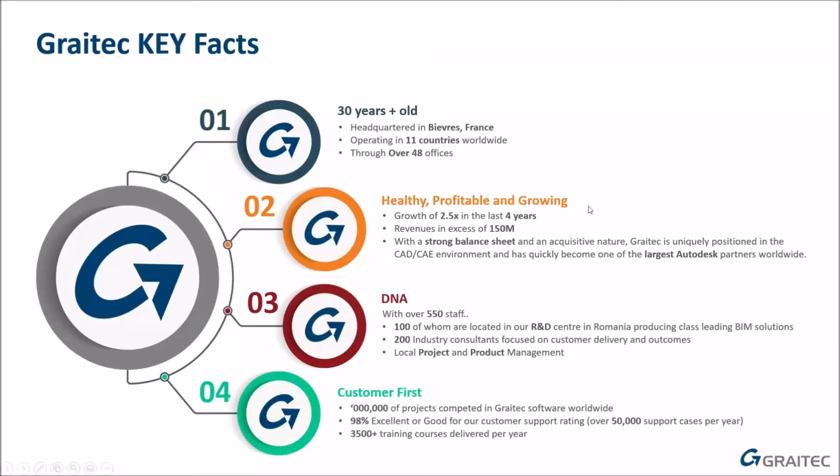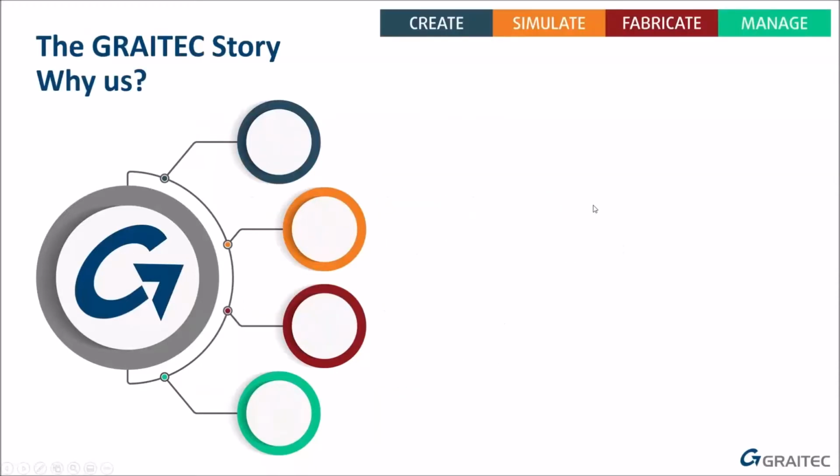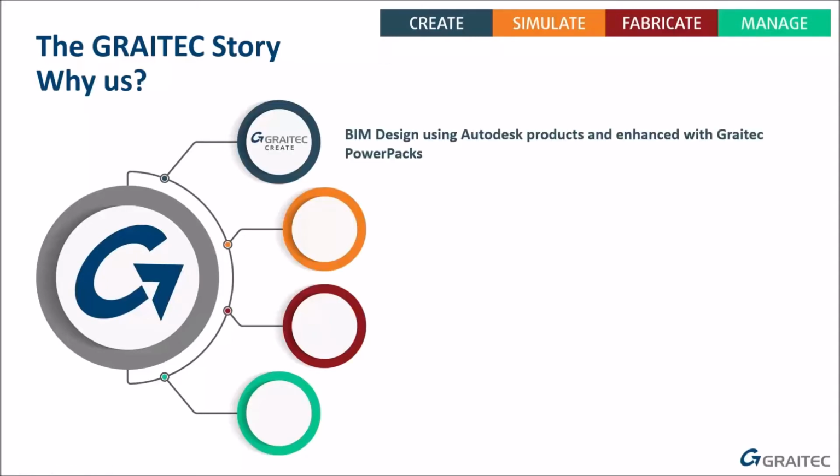We split our business up into what we call our four pillars: create, simulate, fabricate, and manage. This is where the various software that we create and the Autodesk software that we sell sits. Today we're looking at our create pillar, the software that creates the data and the designs, whether that is using the Autodesk products in a BIM workflow or from a manufacturing workflow.